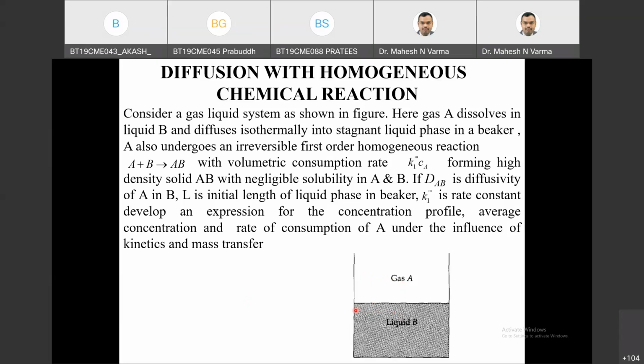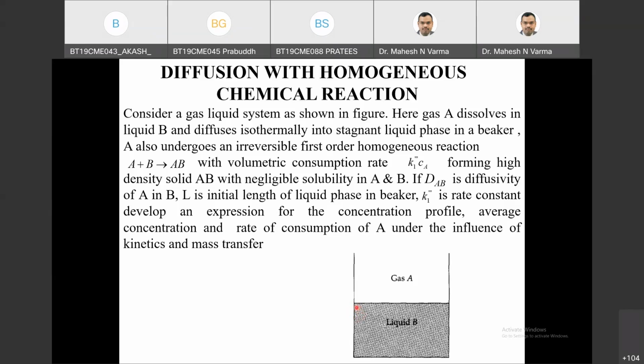I told this in the first class itself when we were starting the shell balance approach. There are not more than 4 to 5 logical reasonings why a certain kind of assumption we are taking. If you think logically about the problem, you get involved in the problem, you can clearly visualize why that assumption is logically true. You can see that certainly there will be variation in concentration in this region.